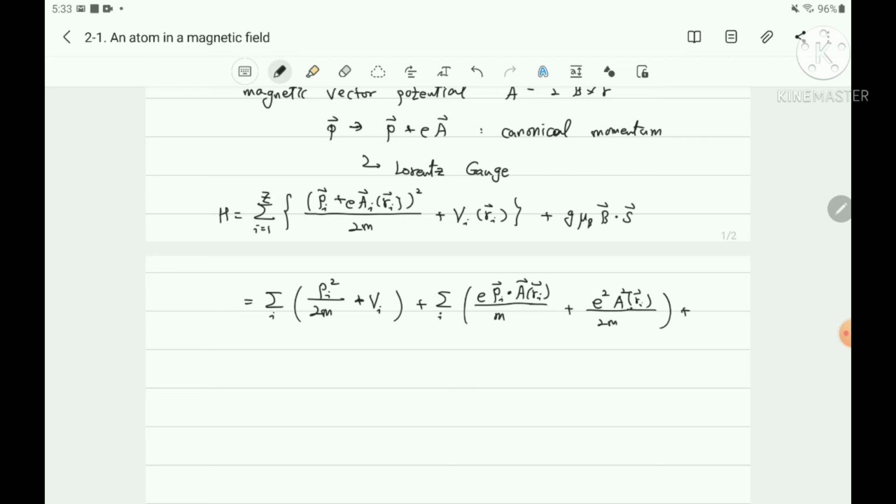And also g mu_B S is magnetic field energy.